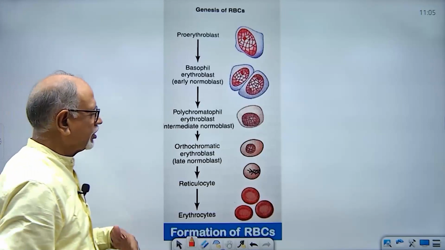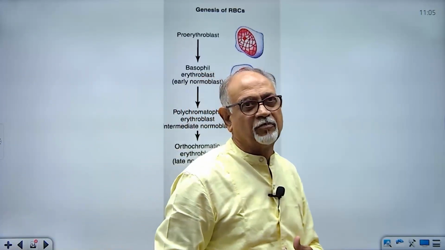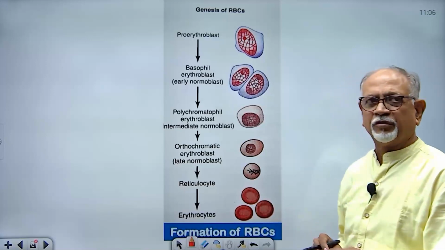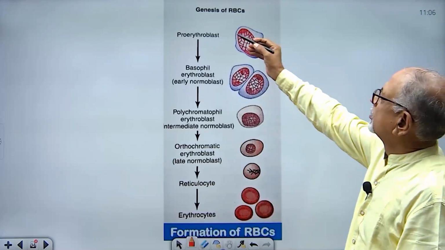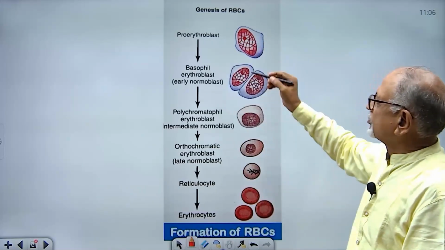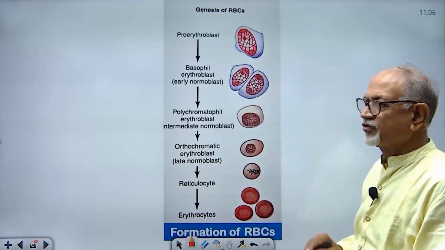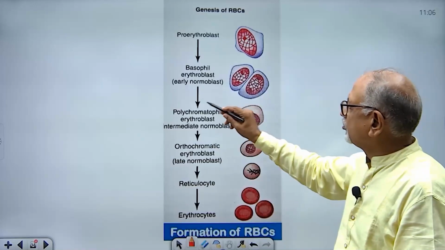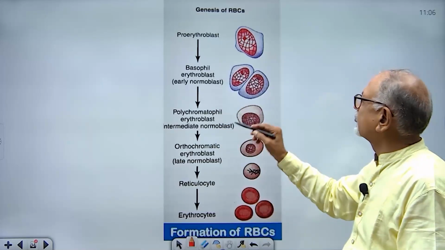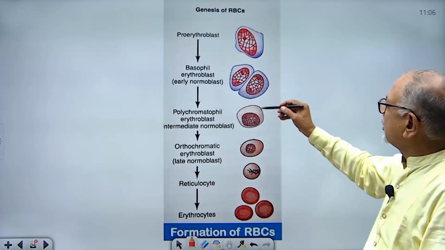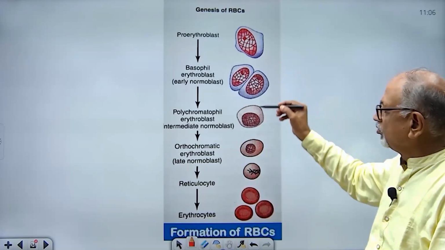Now, here you can see a recap of the erythropoiesis. Here are proerythroblast, which is converted into basophil erythroblast, that is early normoblast, which are then converted into polychromatophil erythroblast. You can see the reduction of size from here to here and change in the nature of cytoplasm and nucleus.